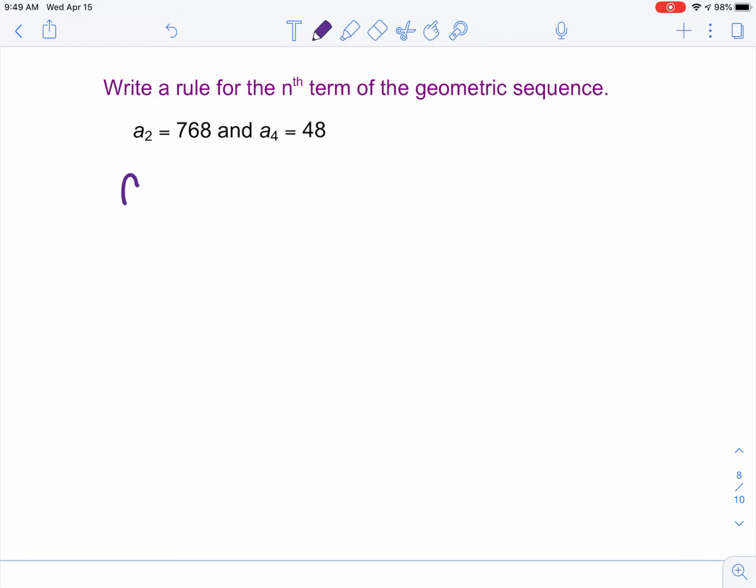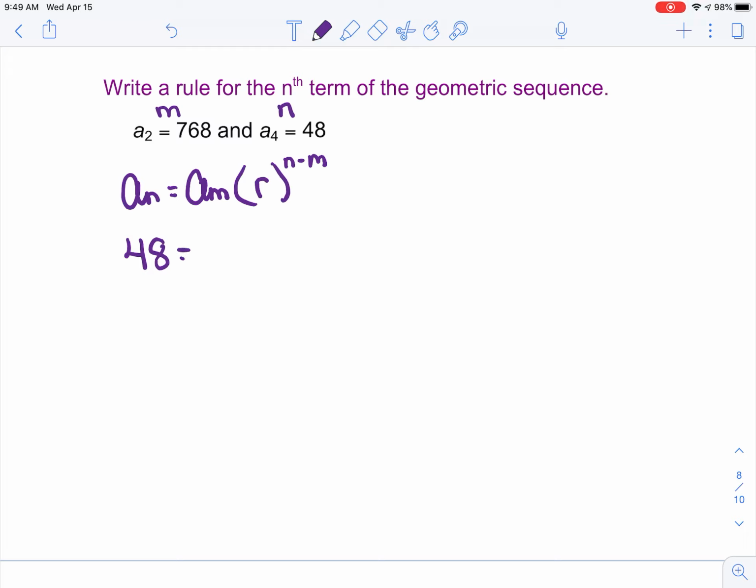Here we go again. All right. So remember, we have a sub n equaling a sub m times r to the n minus m. Your first term is always going to be the m value, and then the last term that you have is going to be the n value.